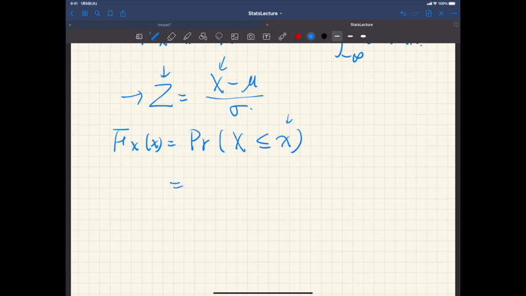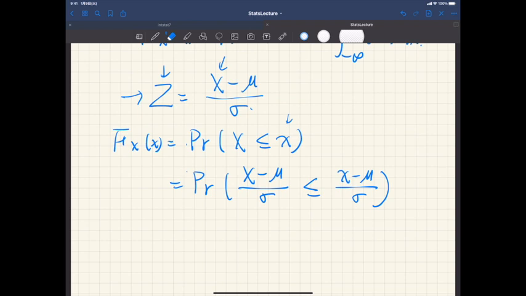So this should be equal to the probability that, basically we subtract mu from both sides and divide both sides by sigma. So these two probabilities should be equal.